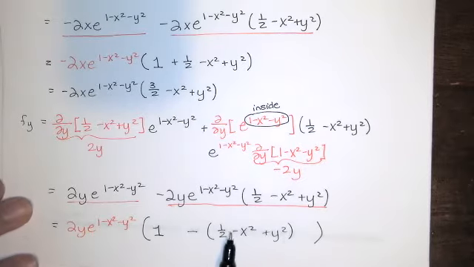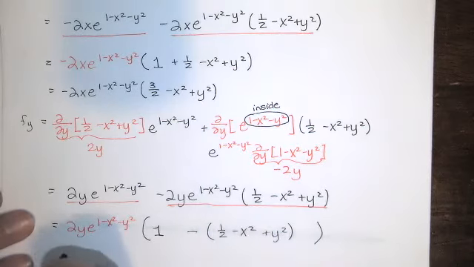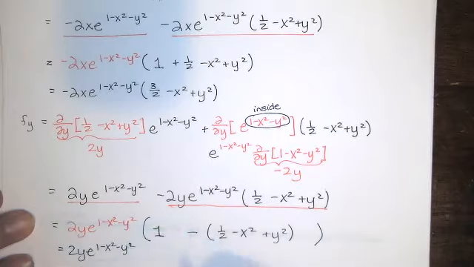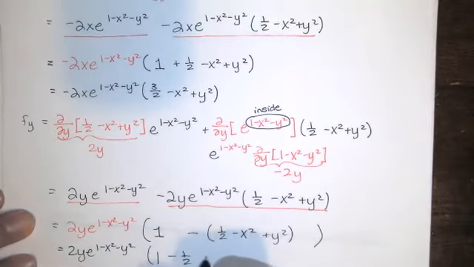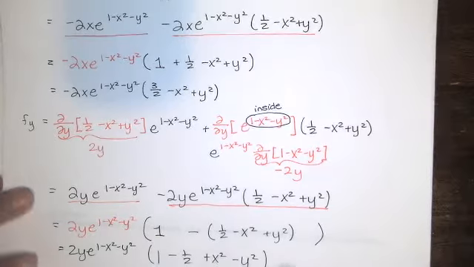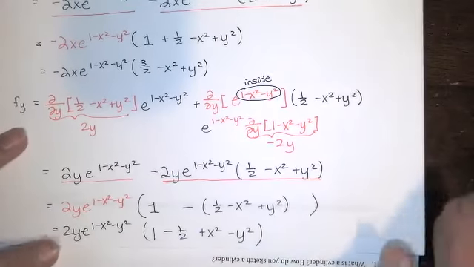If you leave the parentheses off, your signs are going to be wrong and you're going to get the wrong answer. So let's distribute the negative. We've got 1 minus 1/2 plus x squared minus y squared after distributing the negative. And of course, we can simplify that.